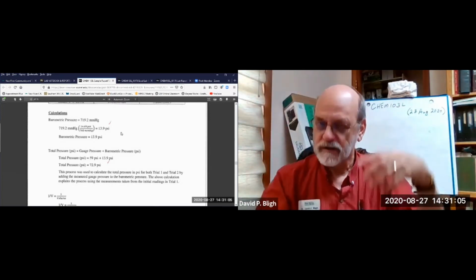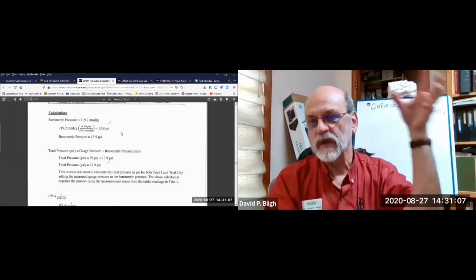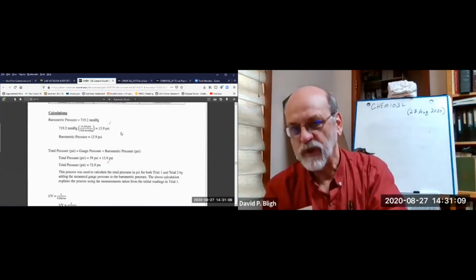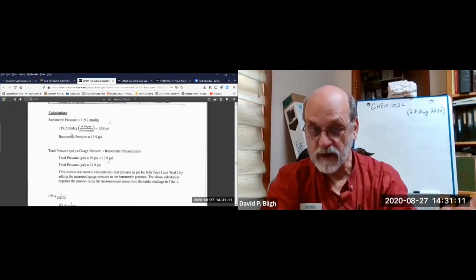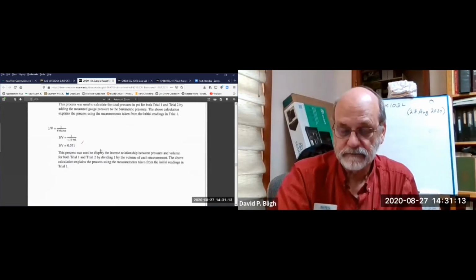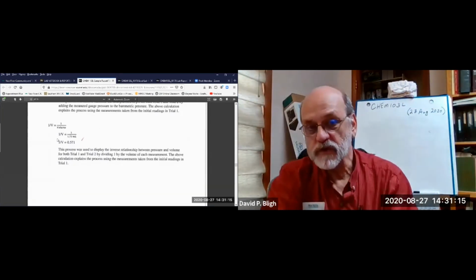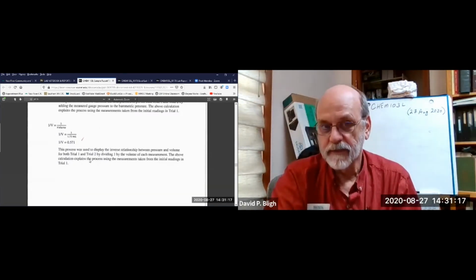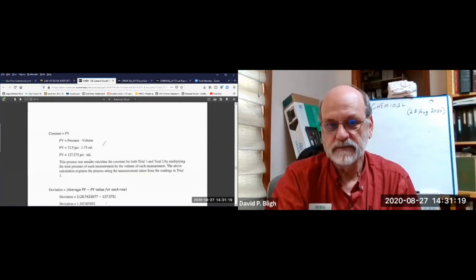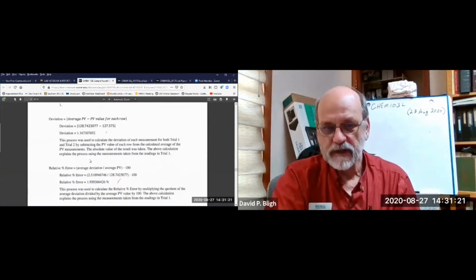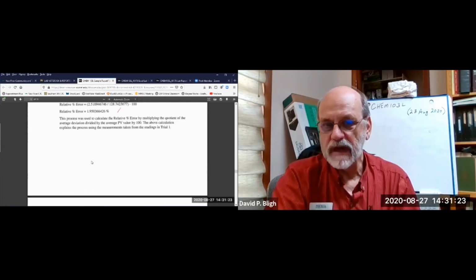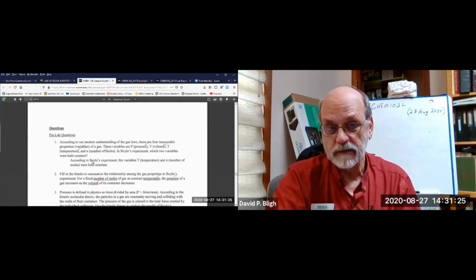So we had to convert the atmospheric pressure to PSI so that we could add it together to the measured pressure. That's what this calculation is about. This one shows the calculation of the inverse of a value. Right? So we've got all those different calculations, even some words of explanation if you want.